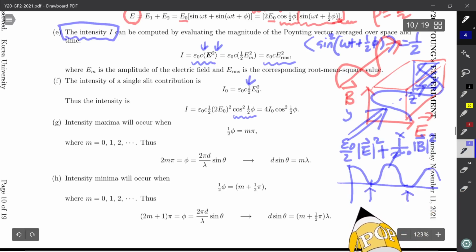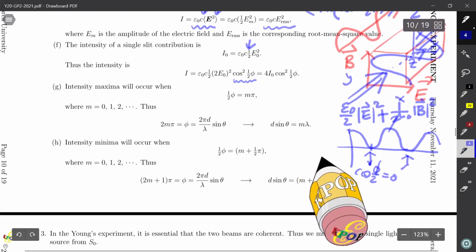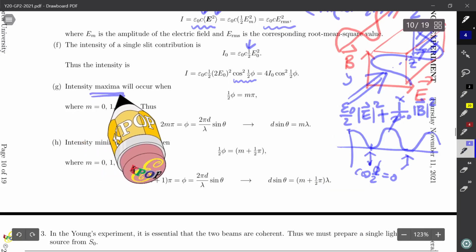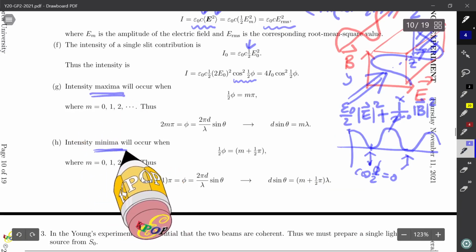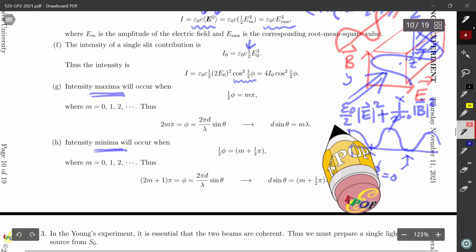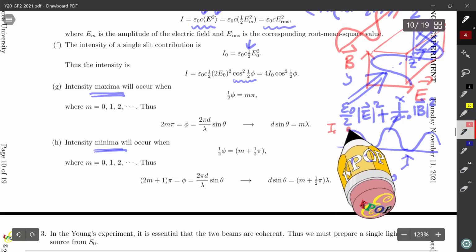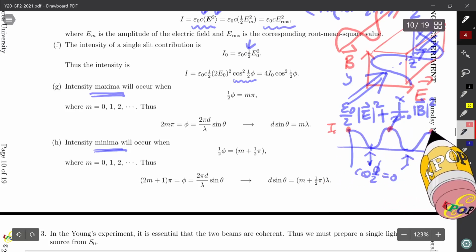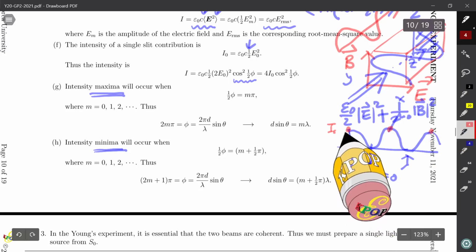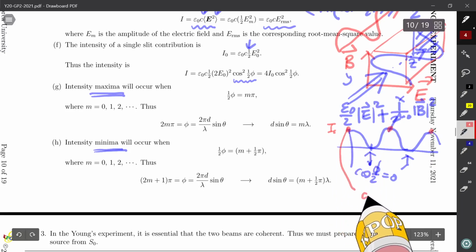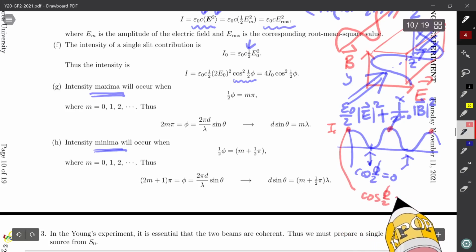Here is the position where cosine of phi equals 0. So we can find the solution for the local maximum and local minimum. The local maximum of the intensity will appear at these points where the maximum appears at cosine 1/2 of phi equals plus or minus 1.